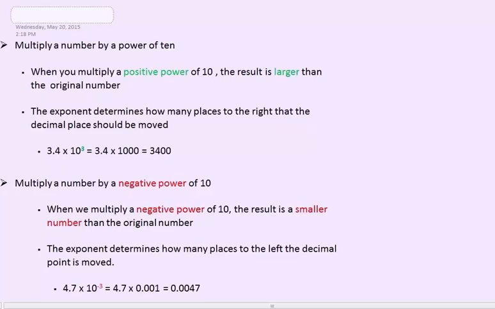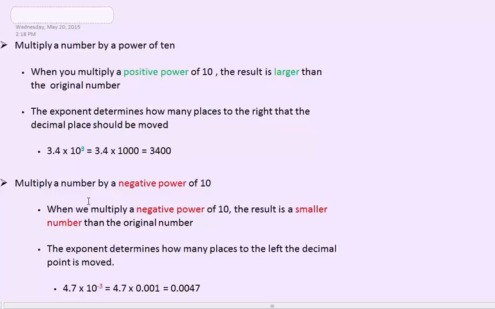In scientific notation, we are essentially just multiplying a number by a power of 10. When you multiply by a positive power of 10, the result is greater than the original number. The exponent determines how many places to the right the decimal point should be moved. So 3.4 times 10 to the third is the same as 3.4 times 1,000.